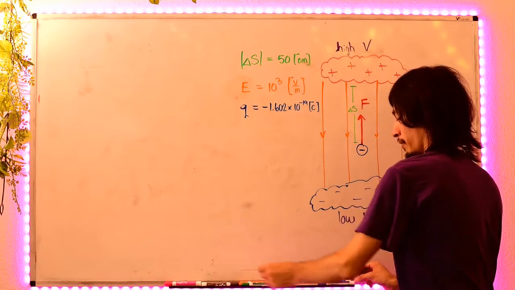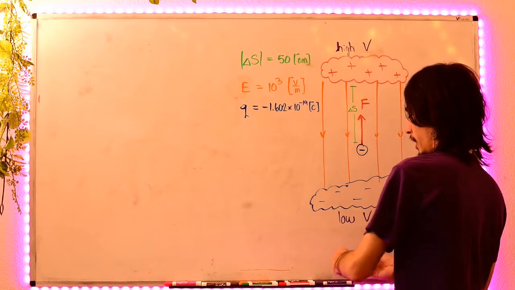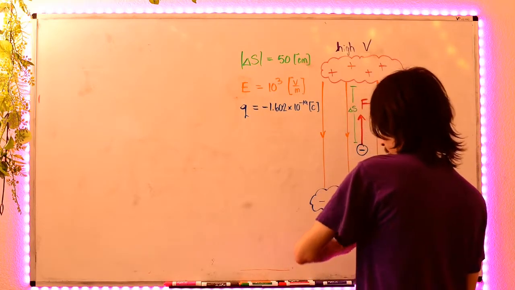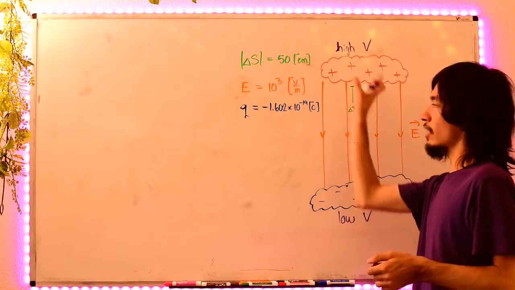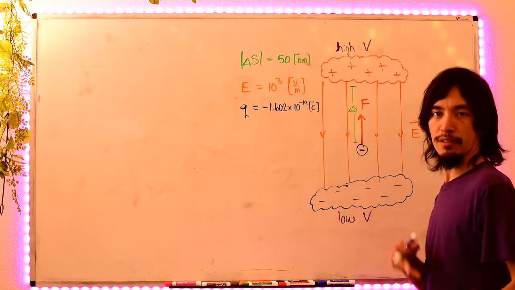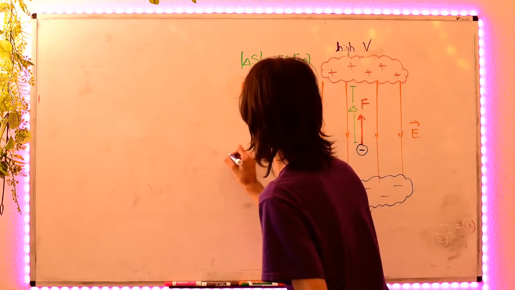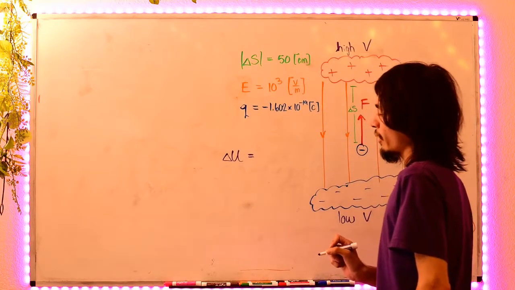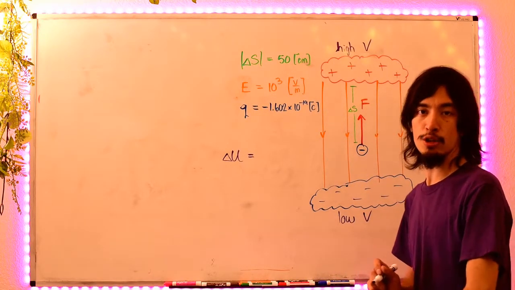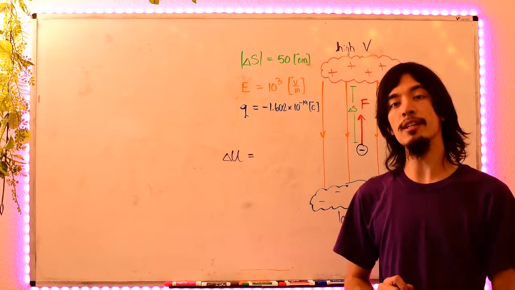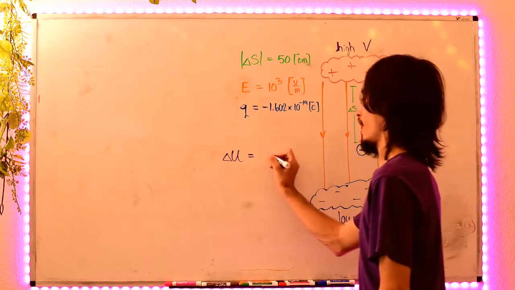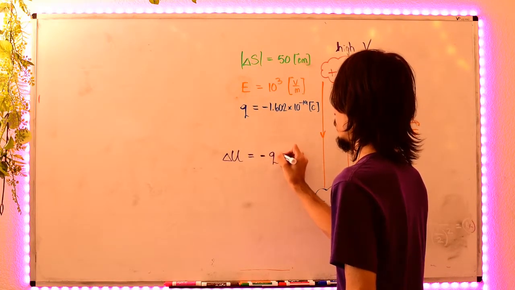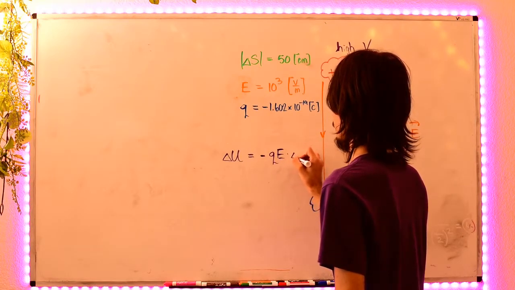And so the change in electric potential energy, based on these factors, you should head in the direction of delta U equals, you can either write it in terms of the potential difference or the voltage, delta V, or you can cut straight to the chase and write minus Q E times delta S.